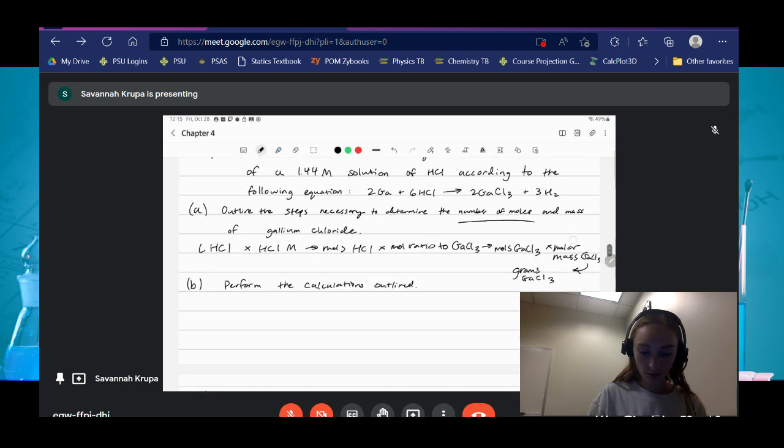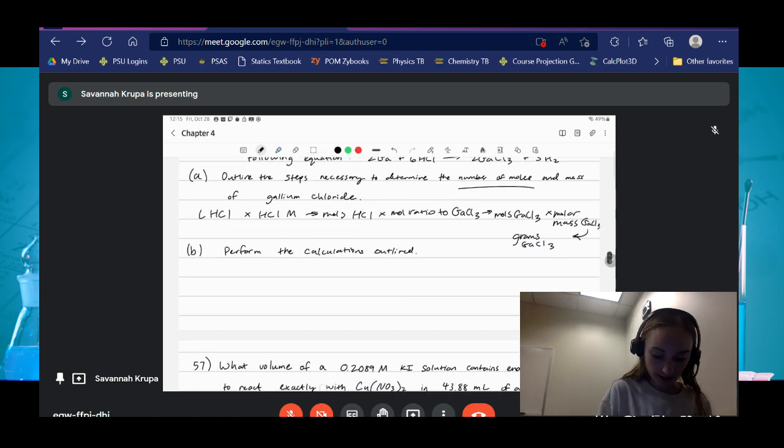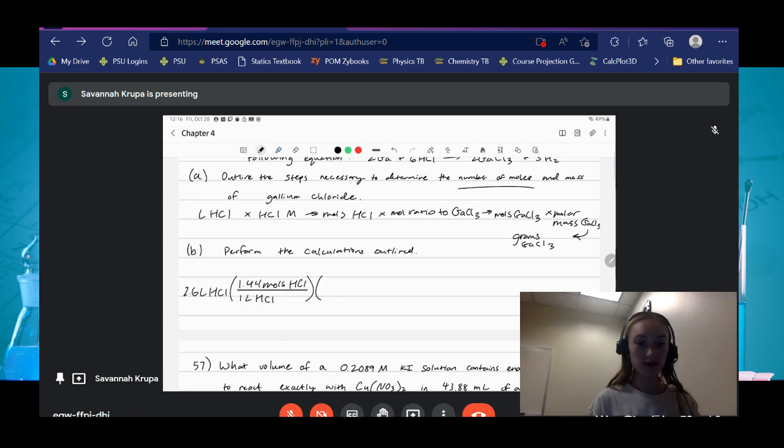So we had 2.6 liters of HCl to begin with. And just as in our step before, we're going to use the molarity of the HCl to then get to moles of HCl. So for every 1 liter of the solution, we're going to have 1.44 moles of HCl. And then we're in moles of HCl, and we're going to use the mole ratio to gallium chloride.